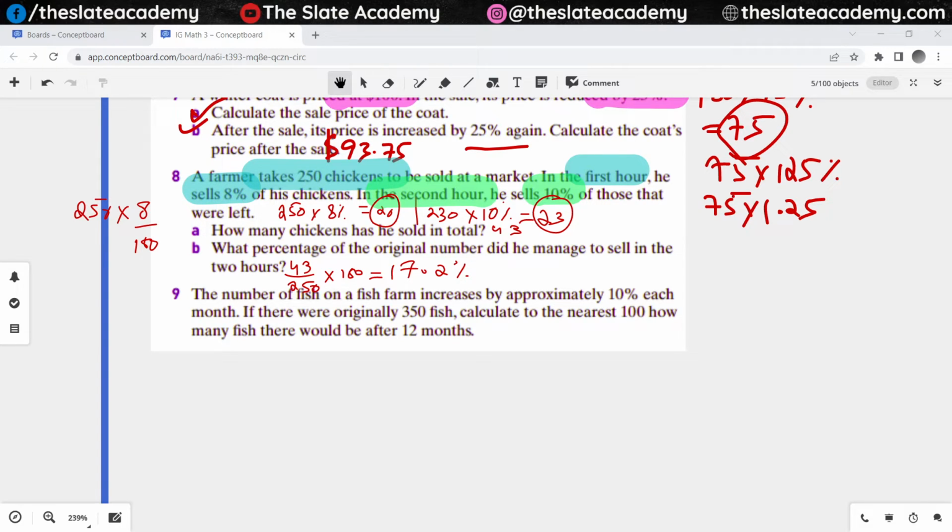So first he sold 20, now he sold 23. So how many did he sell in total? 43. So that's how we got the answer to part 1, 43. And then in part B, it asks how many did he sell as a percentage of the original. So 43 divided by how many did he have initially? So 43 out of 250 into 100. What's the answer?